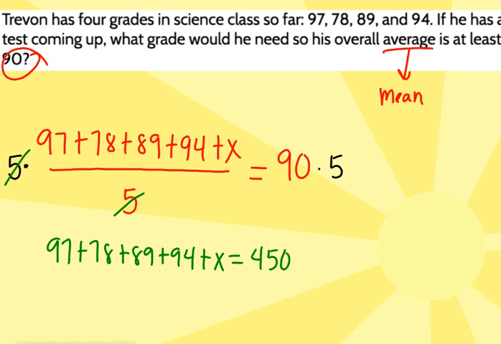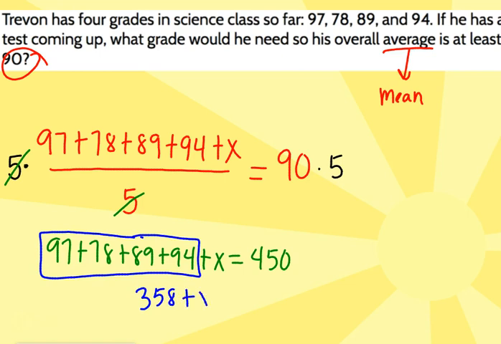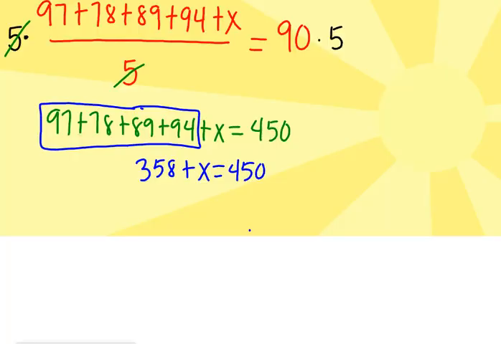And now we just solve like normal. I add these guys up. I'm going to get 358 plus x equals 450. And then to get x by itself, I'm going to subtract 358 from both sides. I'm left with x equals 92.